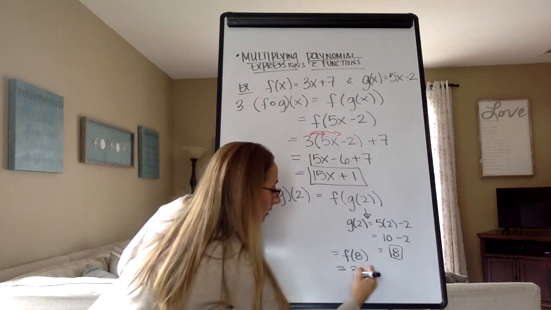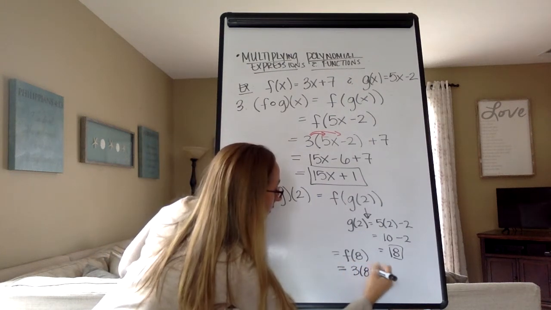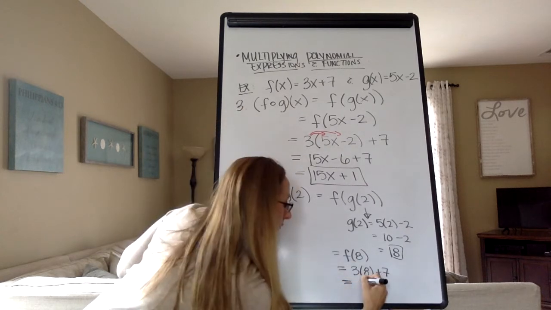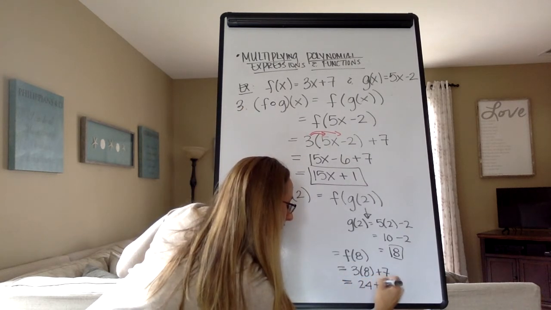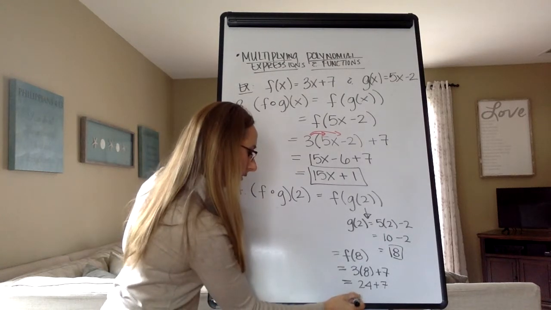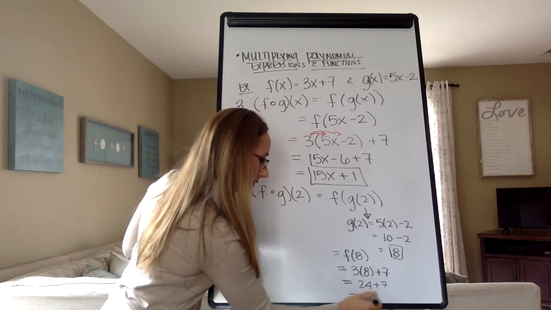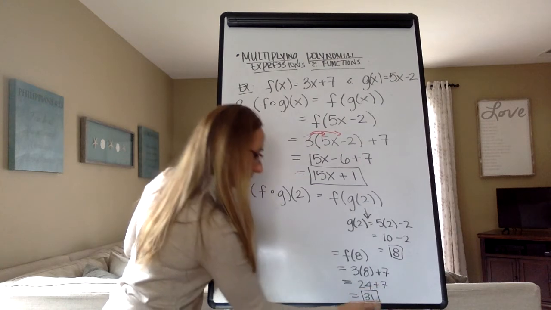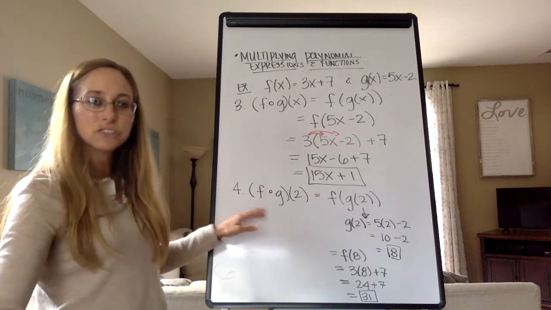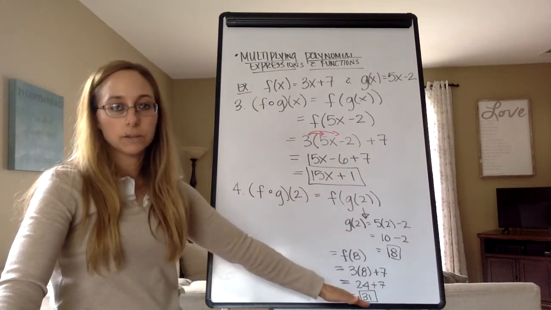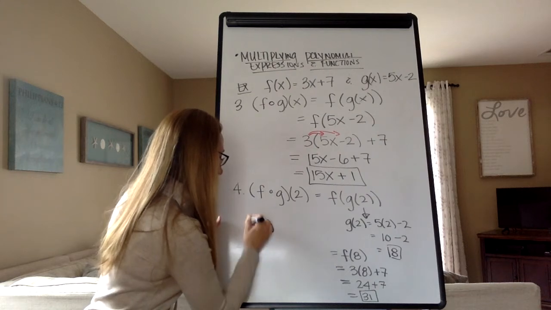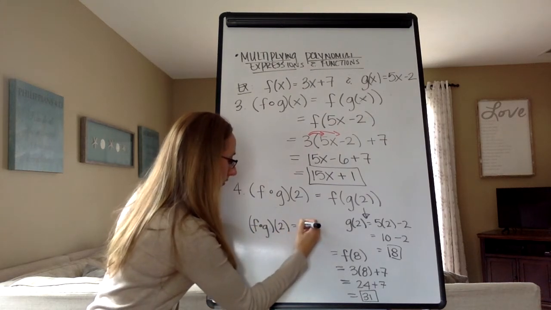We have 3 times 8 plus 7. 3 times 8 is 24, plus 7, and 24 plus 7 is 31. So ultimately f of g of 2 is equal to 31.